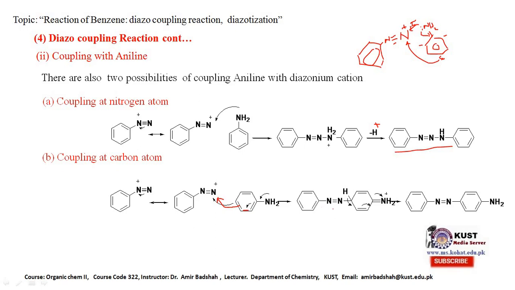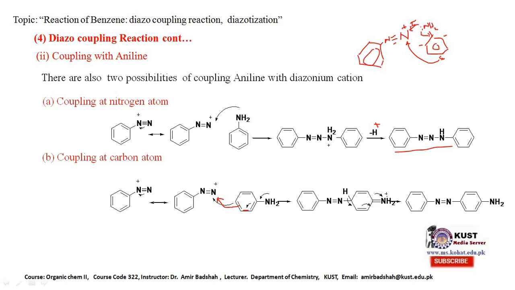After attacking, we will get this species, and after getting this species the aromaticity is lost, then aromaticity is restored such that hydrogen is shifted here. By shifting of hydrogen, the aromaticity is restored and we get the final product.